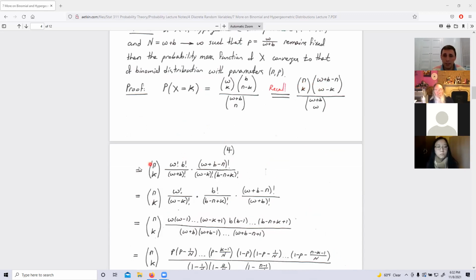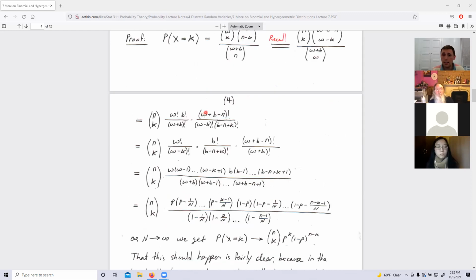I then just isolate n choose k, and then I look at this number and this number, and I just simplify. So this number is the same as 1 over, so I can write w factorial b factorial over w plus b factorial. That's this number here upside down, multiplied by this number, which is w plus b minus n factorial over w minus k factorial, b minus n plus k factorial.